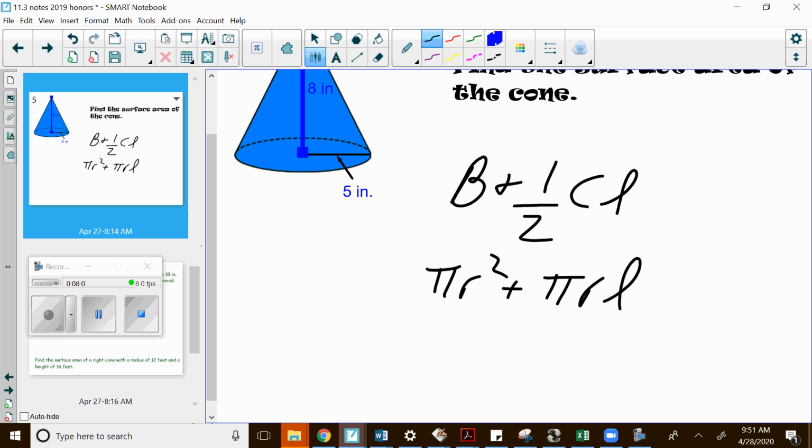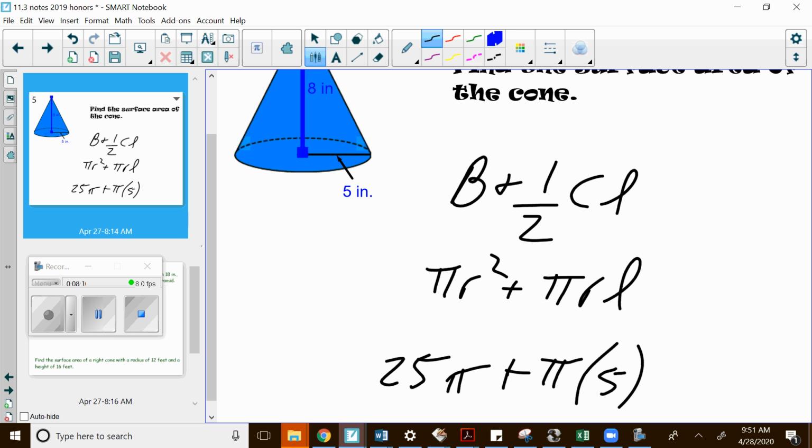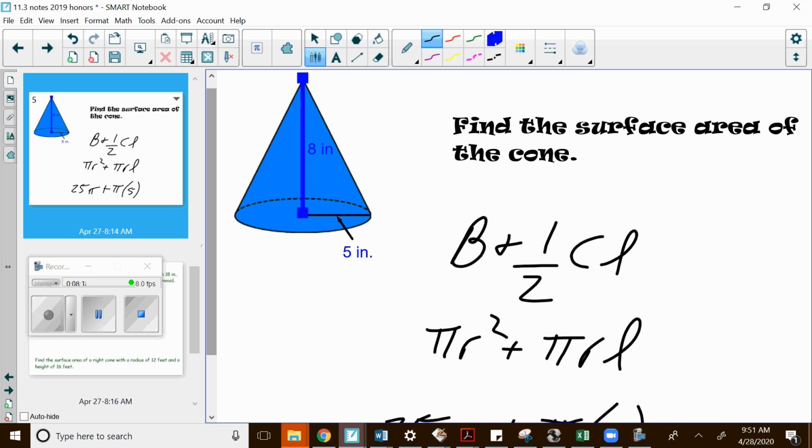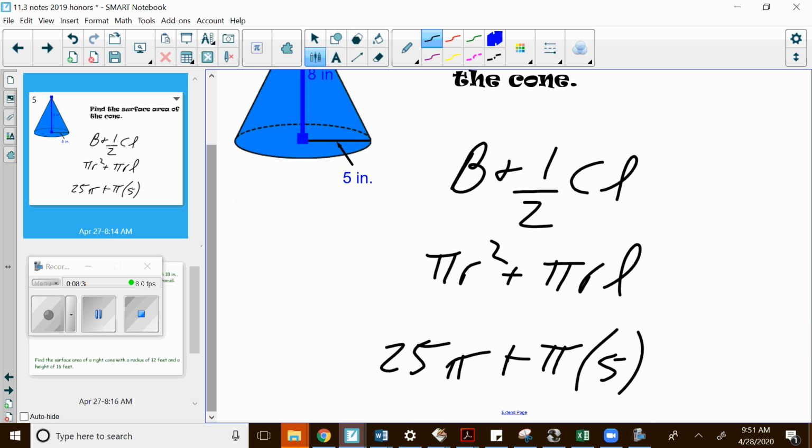The radius is 5, so 25 pi plus pi times 5, and then slant height is something we got to find again, because we have only the height of the cone and not the slant height. So 8 squared plus 5 squared, and then square root that, and you're going to get something a little over 9, I believe. And yes, you're going to get 9.4. So 9.4 is our slant height.